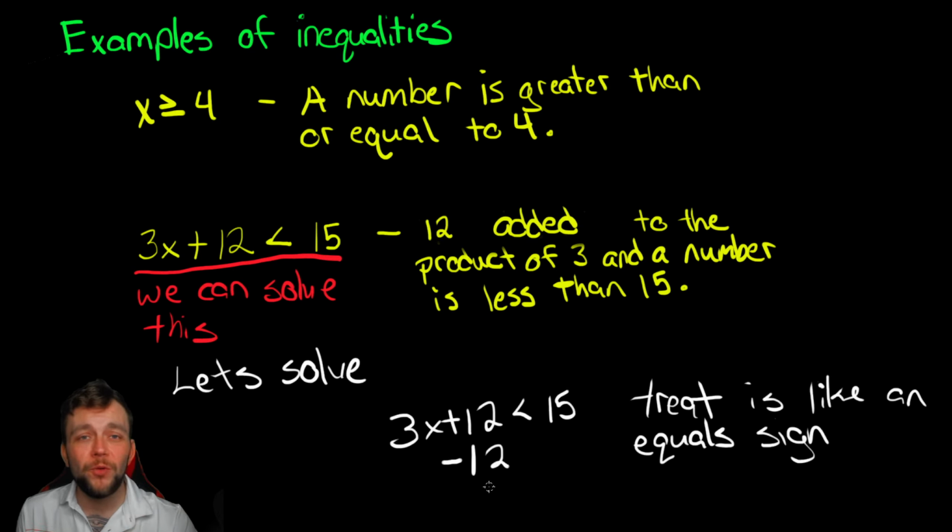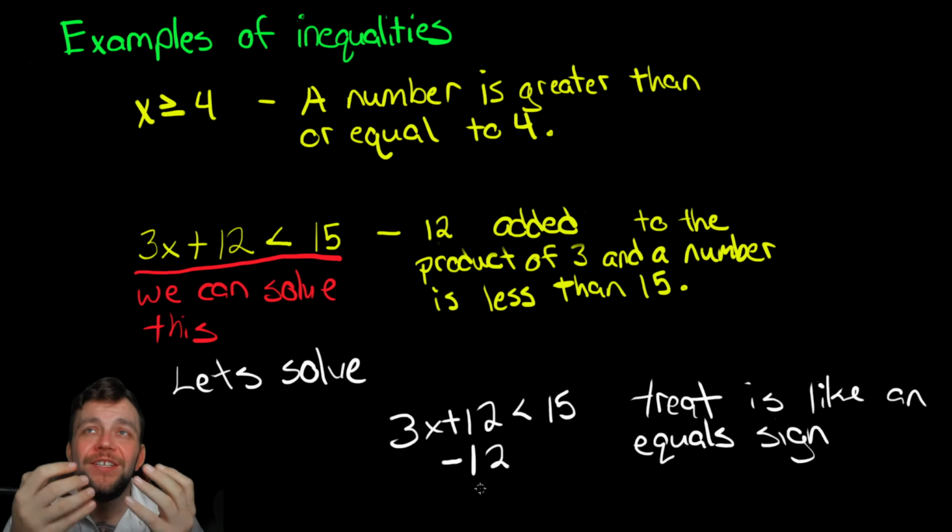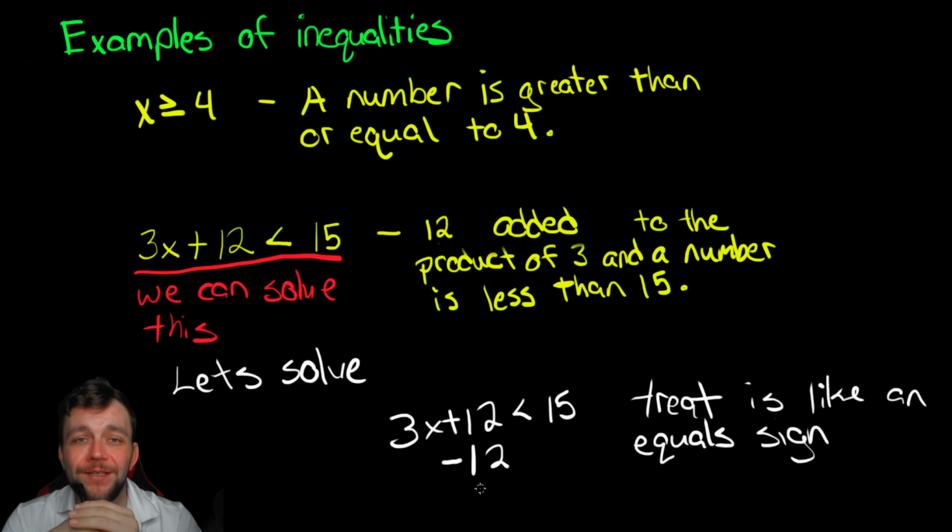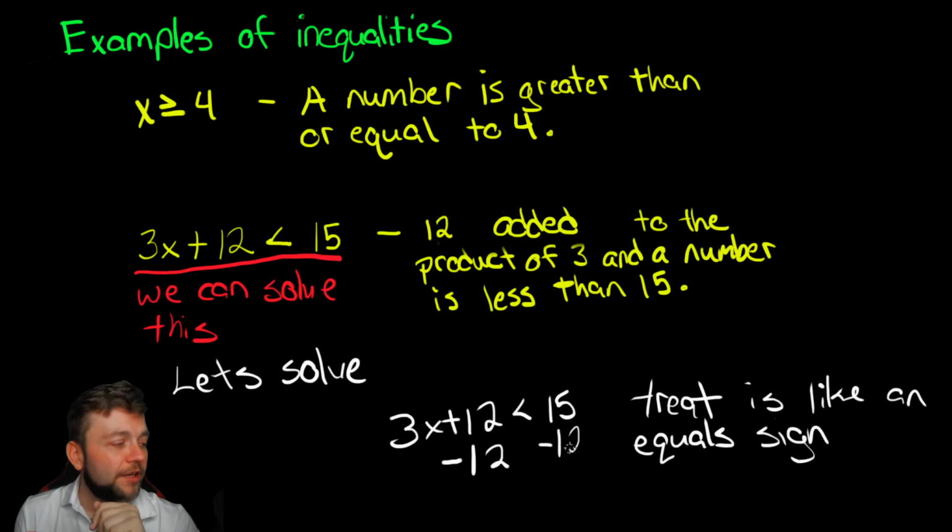Whatever you do to one side of the symbol, you must do to the other side. Although this isn't an equal sign, we still must maintain some level of balance, right? There's always this balance of logic in math. So we've subtracted 12 from the left side, and now we need to subtract 12 from the right side.